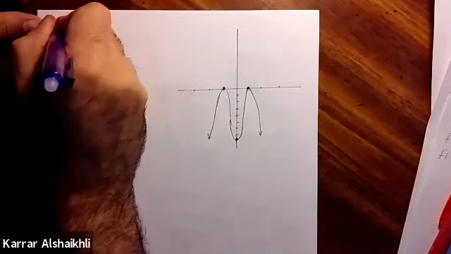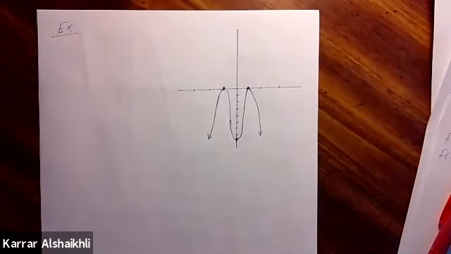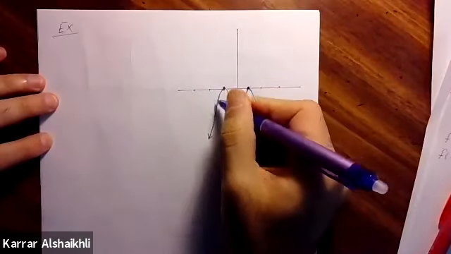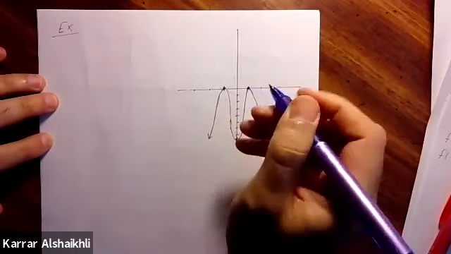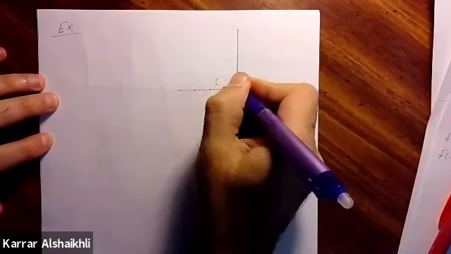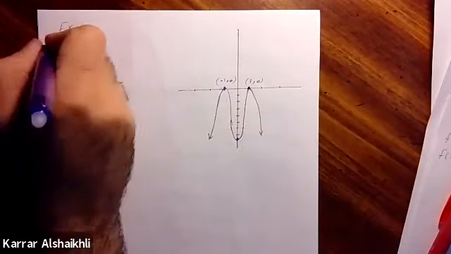The first thing we did is find the x-intercepts. The x-intercept means where the graph intersects the x-axis at these 2 points, which are here (1, 0), the first point, and here (-1, 0). So we have 2 x-intercepts.